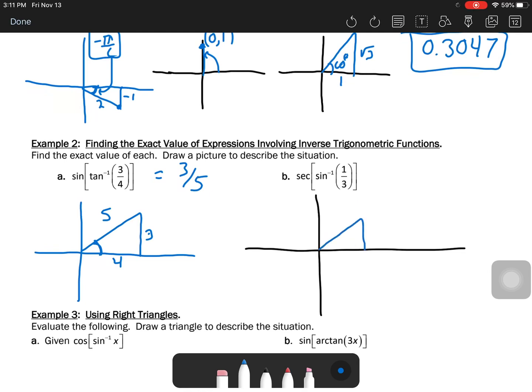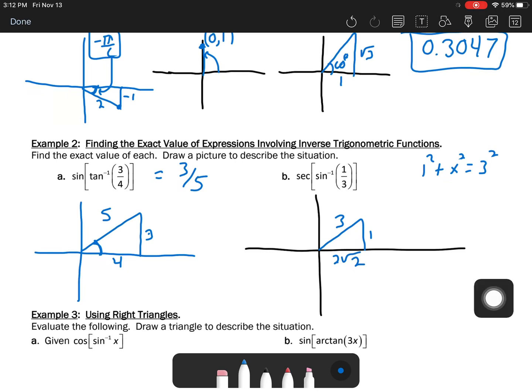So opposite's 1 and hypotenuse is 3. And again, we'd have to do the Pythagorean theorem. 1 squared plus, I'll just say x squared equals 3 squared. And so x squared would equal 8, and the square root of 8 would be 2 square roots of 2 if we put that in simplest radical form.